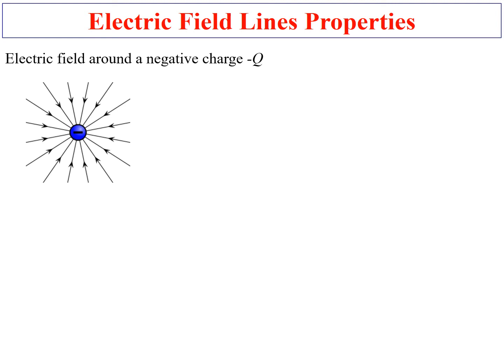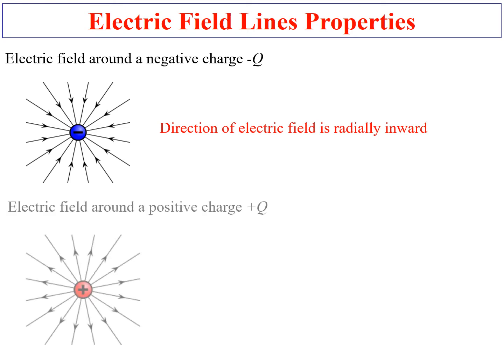Now let us discuss quickly and briefly the properties of an electric field. If we have a charge minus q, as you see, the electric field lines appear to terminate on the surface of this charge, so we always call the negative charge the sink of the electric field lines, and the direction of the electric field will be radially inward.